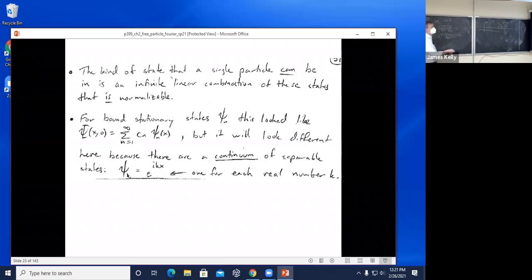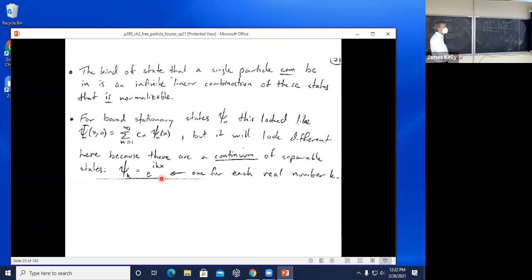Just like back in the case of the infinite square well or the harmonic oscillator, we said, more generally, at time t equals 0, I could write my most general boundary condition as a linear combination of all the definite energy states. Here, our definite energy states look like this, at least at time 0.